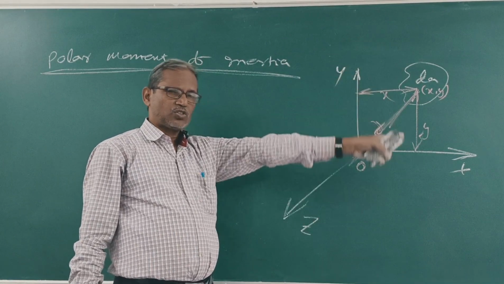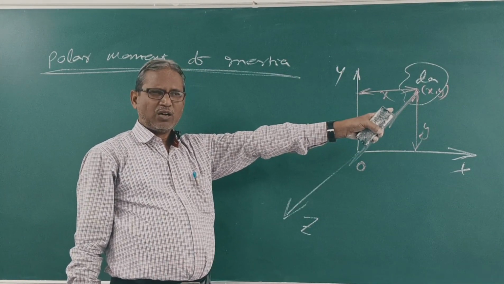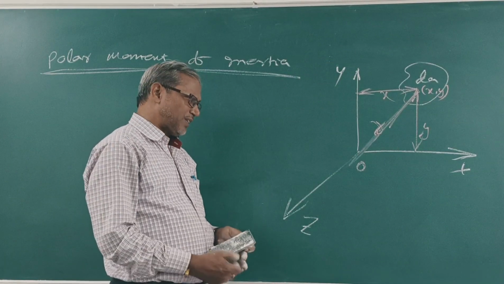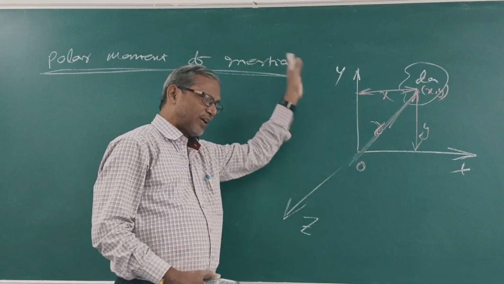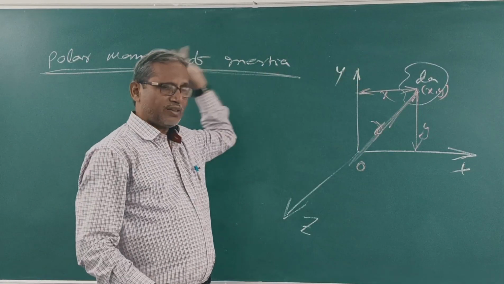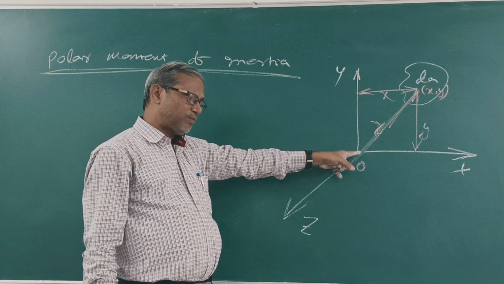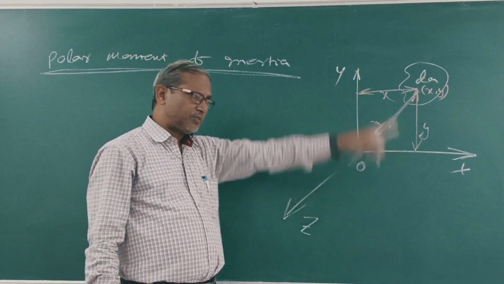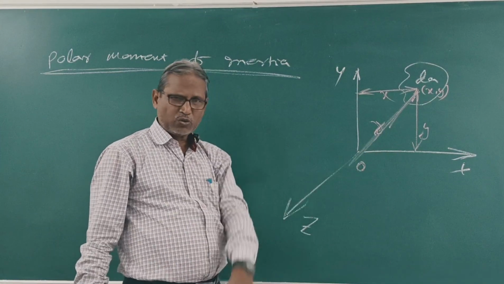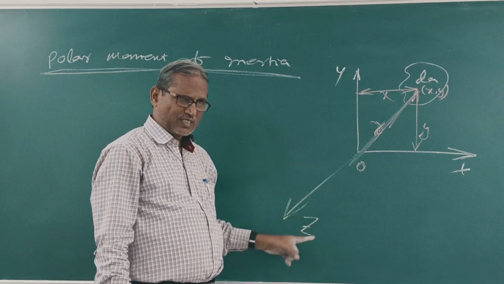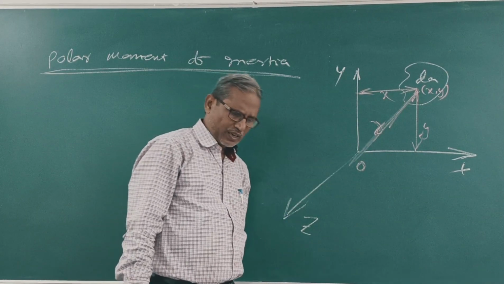So the moment of inertia of a plane lamina about an axis passing through the intersection of x and y and perpendicular to the plane of the figure, this axis perpendicular to this figure, then this moment of inertia about the z-axis is called polar moment of inertia. Clear?